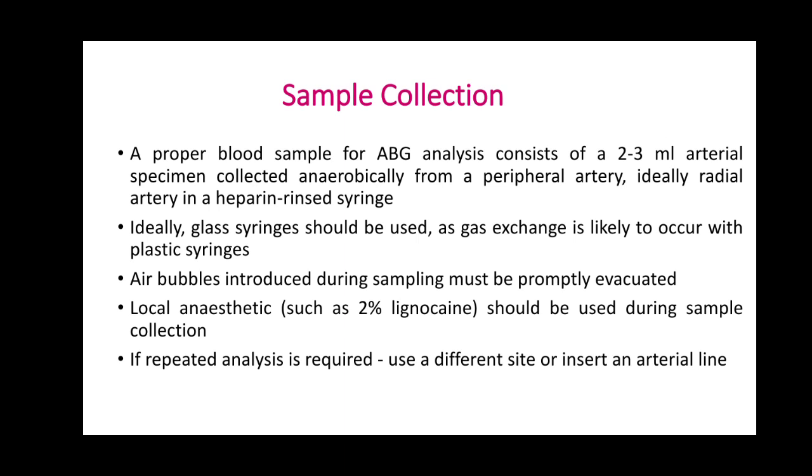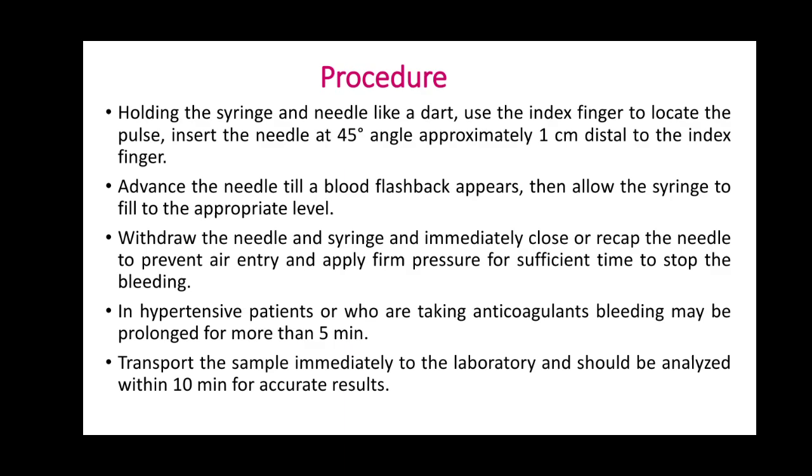And if repeated analysis is required, use a different site for the sample collection. So this is the procedure: hold the syringe and needle, and advance the needle till a blood flashback appears, then withdraw the needle and syringe and immediately recap, and transport the sample immediately to the laboratory, to be analyzed within 10 minutes.